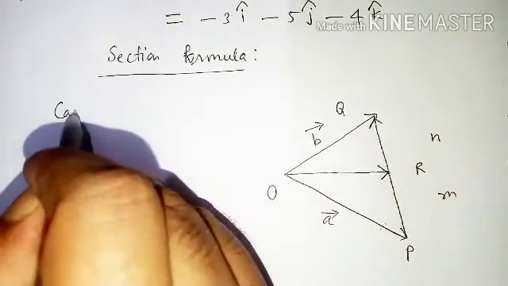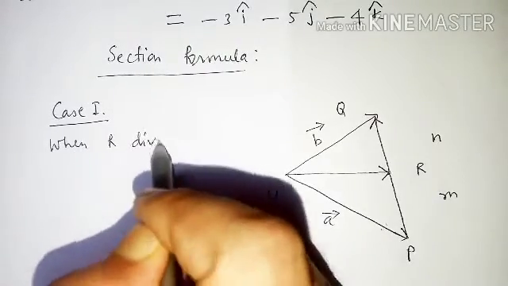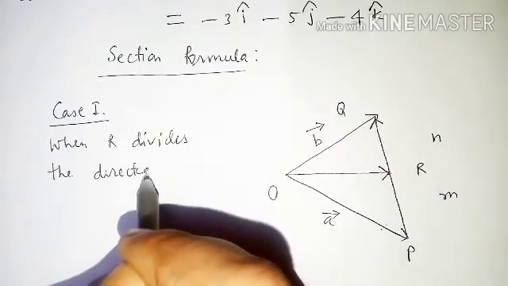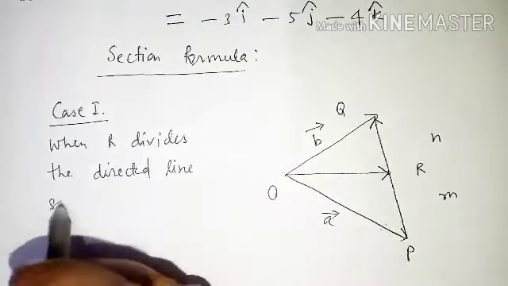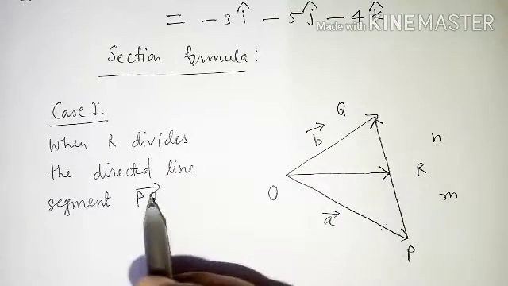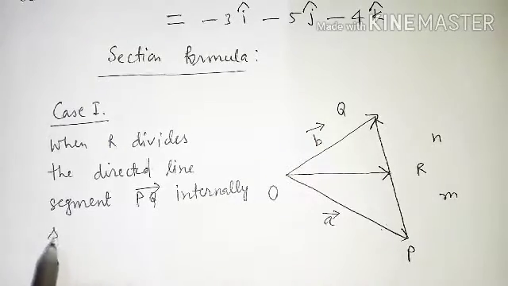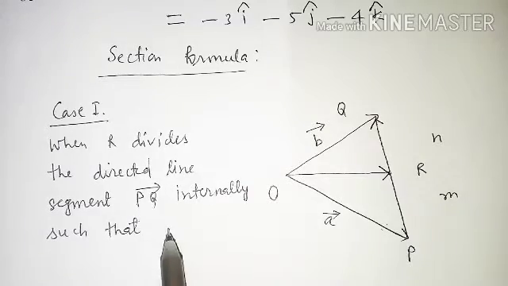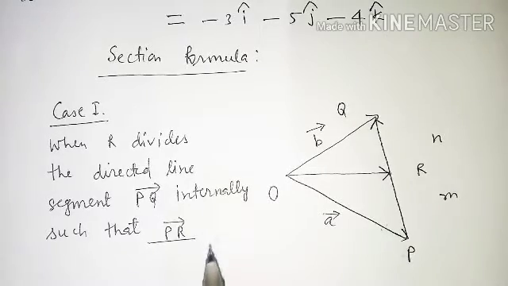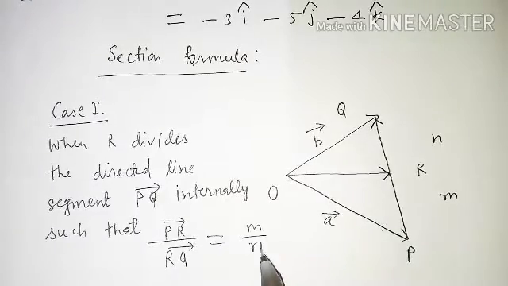So case 1, when R divides the directed line segment PQ, vector PQ, internally such that vector PR by vector RQ is equal to m by n.